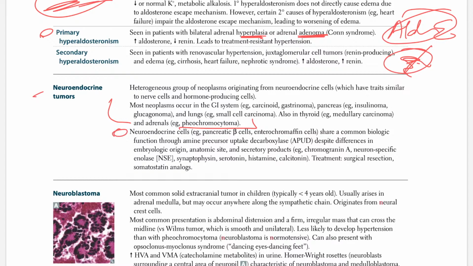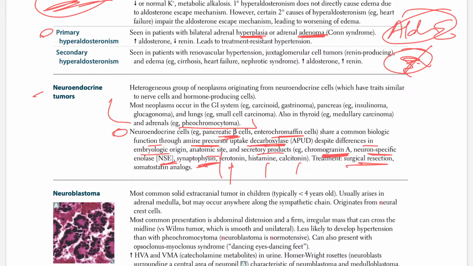Neuroendocrine cells, for example pancreatic beta cells and chromaffin cells, have a common biological function through amine precursor uptake decarboxylase, despite differences in embryonic origins, anatomic site, and secretory products, which are chromogranin A, NSE, synaptophysin, serotonin, histamine, and calcitonin.